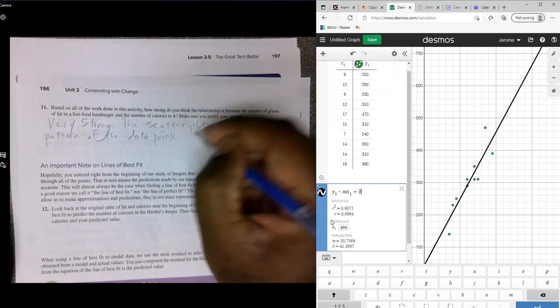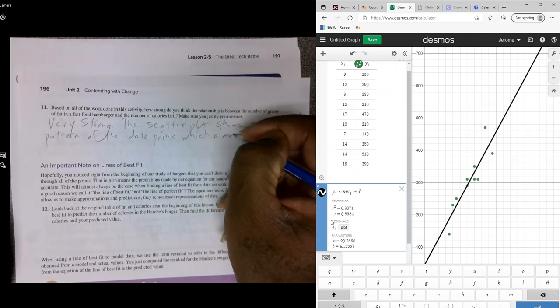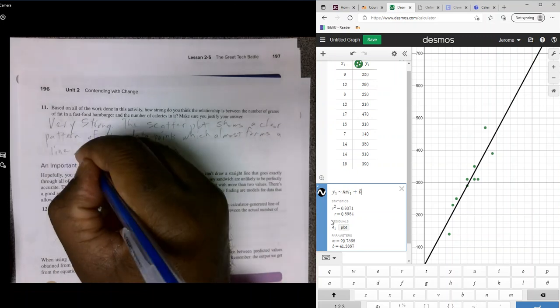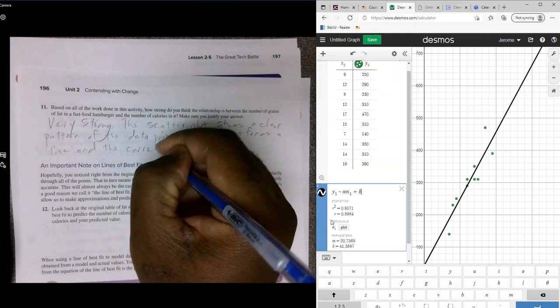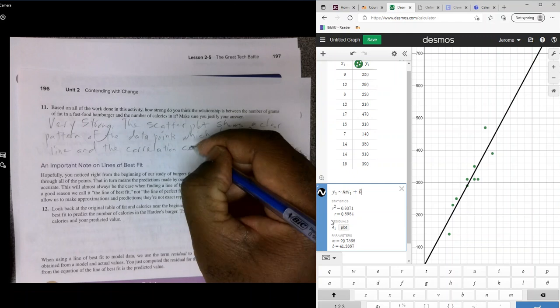And the correlation coefficient is close to +1.